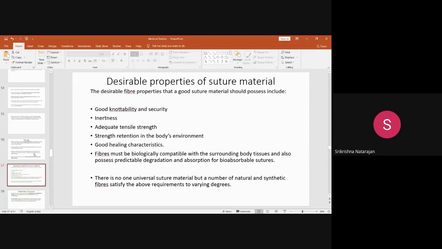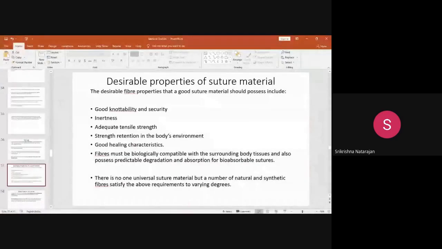Next is the important thing, which is the tensile strength. It should have adequate tensile strength, and it should have good strength retention in the body environment. Inside the body environment, it should have good strength. It should have good healing characteristics, and the fibers which you are using must be compatible with the surrounding body tissues, and also it should possess predictable degradation.